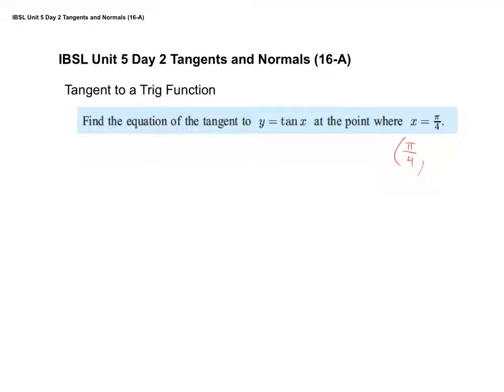So 1. Very good. Tangent is sine over cosine, right? Because on the unit circle it's root 2 over 2, root 2 over 2. So sine and cosine are the same. So tangent must equal 1. And actually we'll use that fact here even. Tangent is sine of x over cosine of x. Alright?